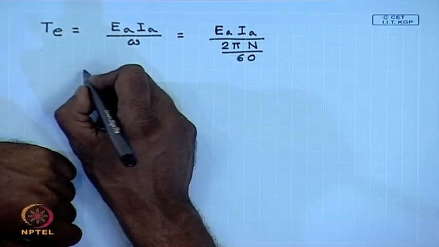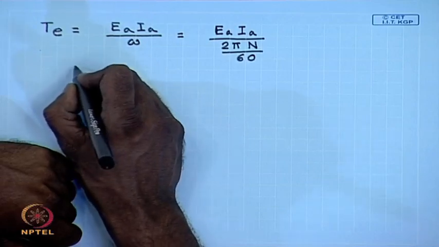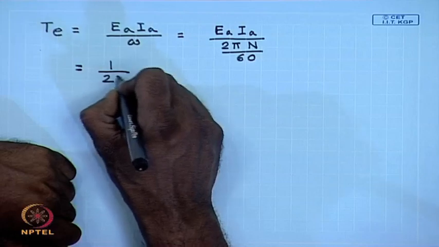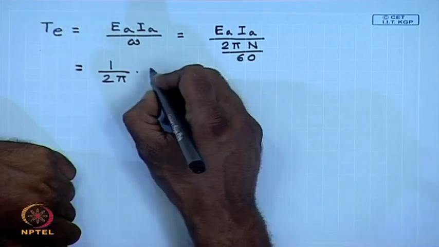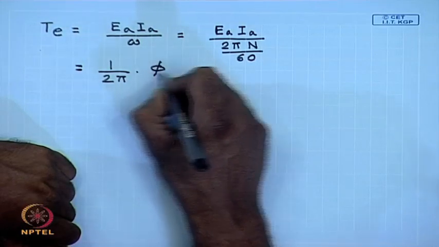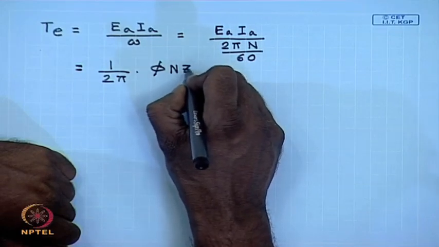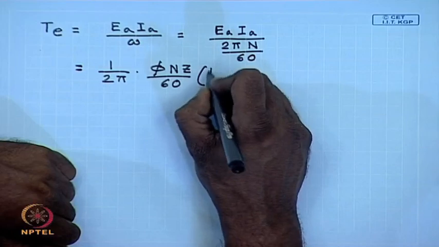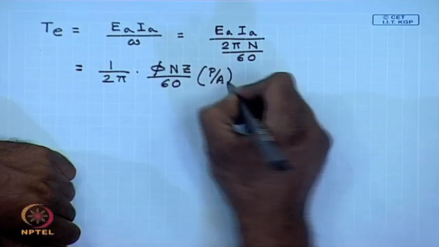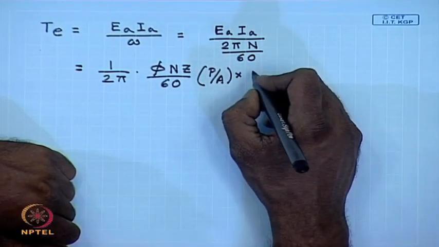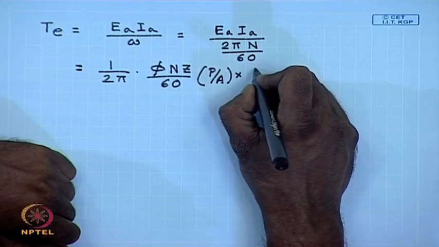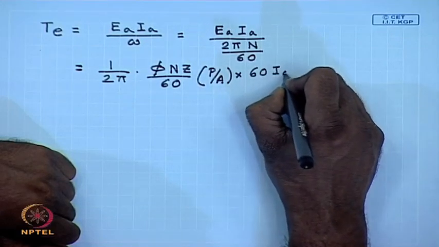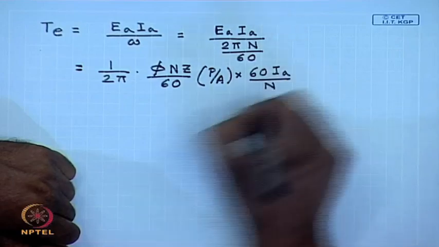So, this comes to 1 by 2 pi, E is phi n Z by 60 into P by A, into 60, IA by n.